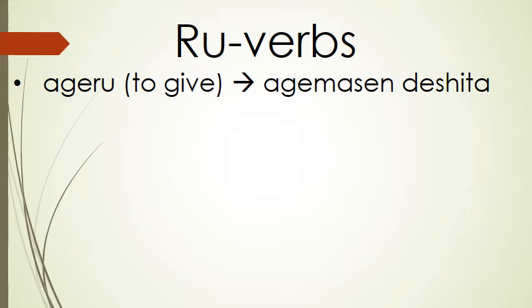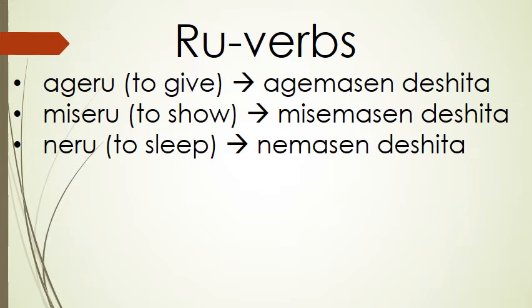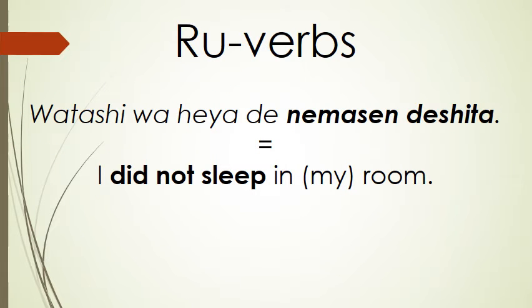So, ageru, to give, would become agemasen deshita. Miseru, to show, would become misemasen deshita. And neru, to sleep, would become nemasen deshita. So, if I were to say, Watashi wa heya de nemasen deshita, that would mean I did not sleep in my room.